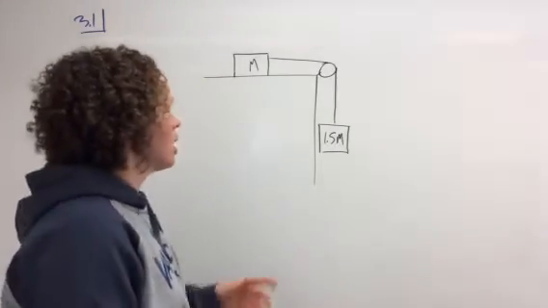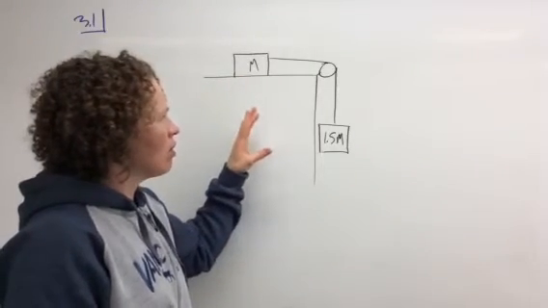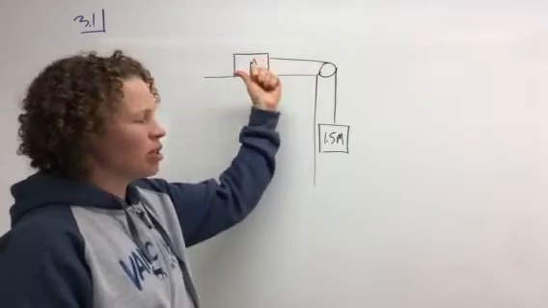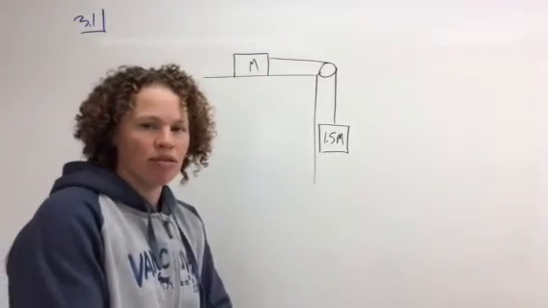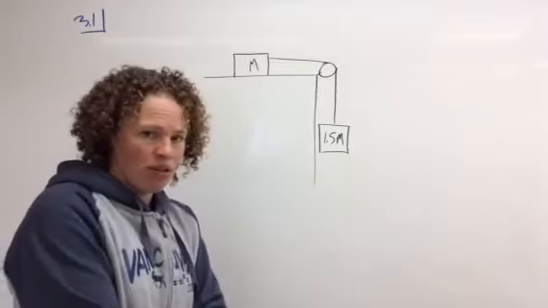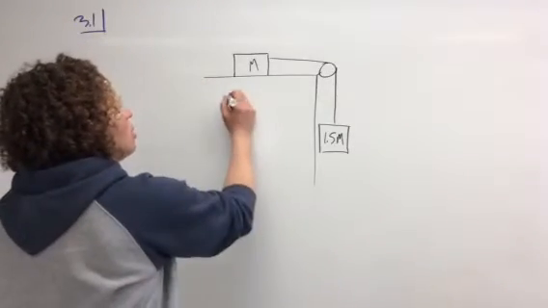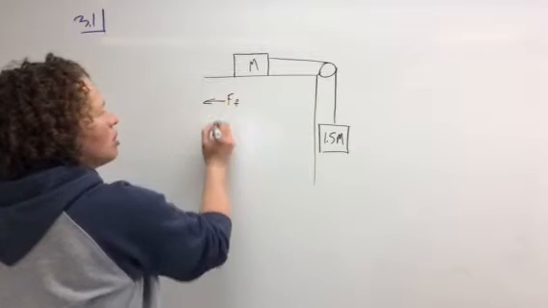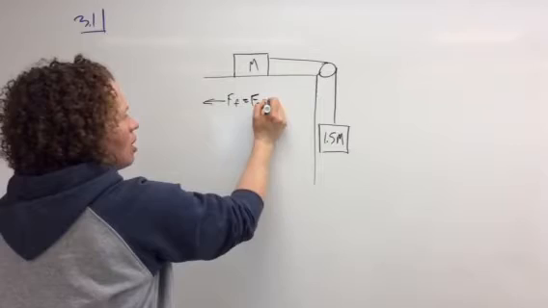So if we were to look at the free body diagrams of either of these, they're not going to include any force pulling backwards on the rope, because the only force pulling backwards would have been friction. So if you have a question like this that says there's a force of friction, then you would have to figure out the force of friction pulling back by going Fn times mu.